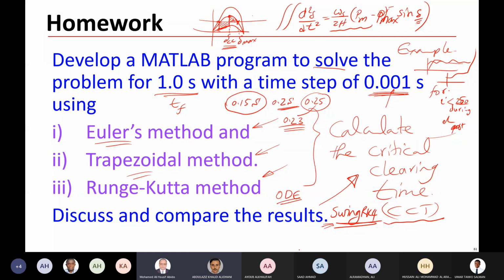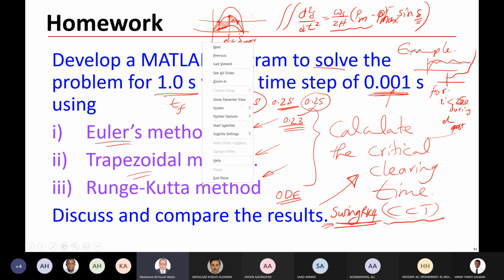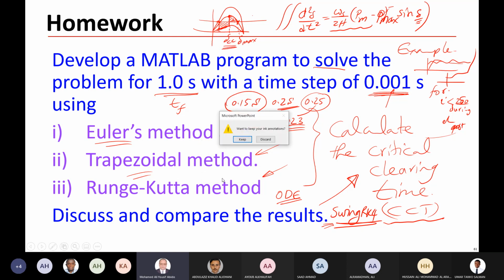Yes, Abdulaziz. We did all this in homework 3. In several examples, we used the Euler method, and we also calculated the critical clearing time by trial. I asked whether this is included in homework number 3 or not. They said no, but it is different.